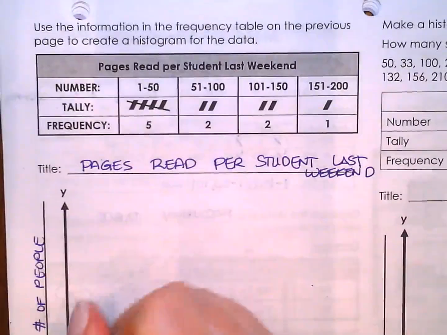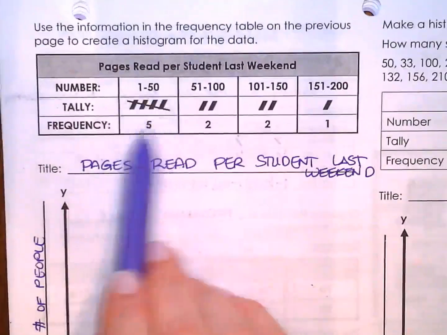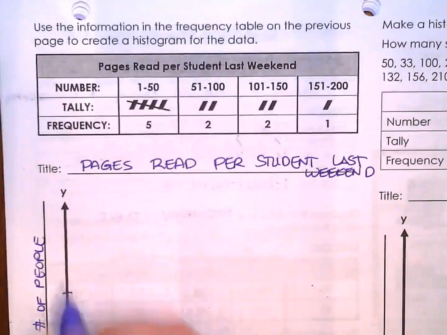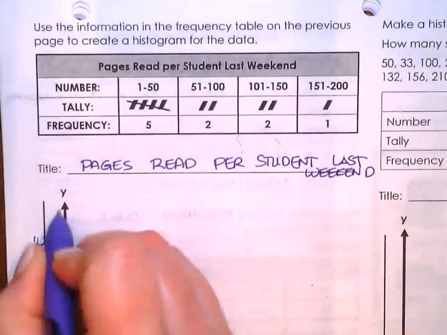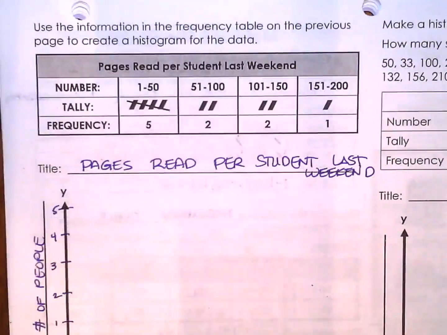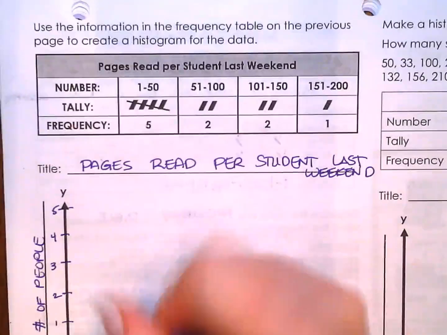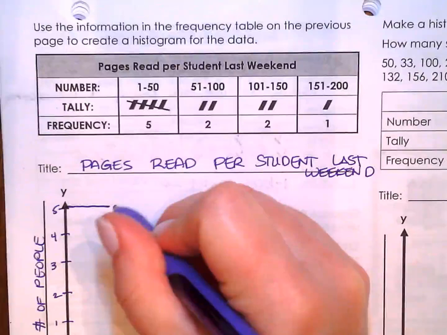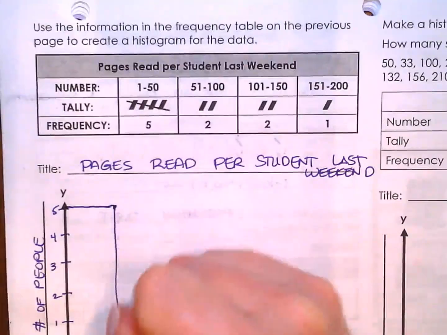And then what we're going to do is mark off here. So the biggest number we had of people who chose something was 5. So we need 5 different numbers up here. So 1, 2, 3, 4, 5. All right, so there were 5 people that read between 1 and 50 pages. So we're going to go to 5. I usually tend to write a little dot here to help me connect everything.